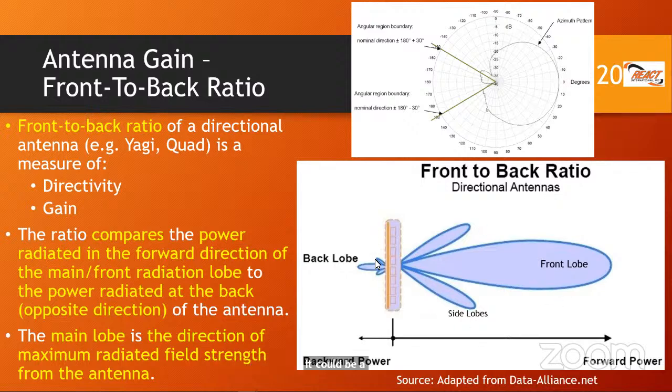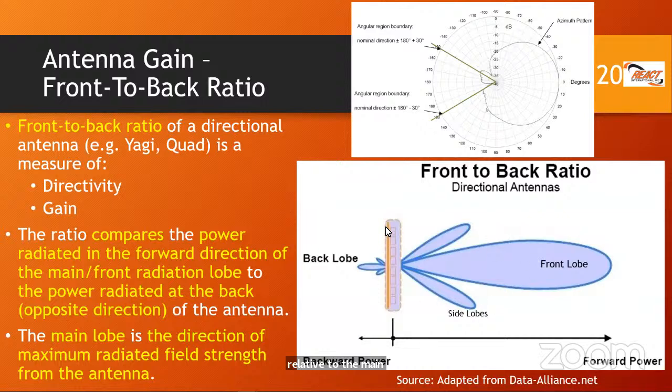And if this is the antenna and it's a directional antenna, this main lobe here, or frontal lobe, will be emanating a strong signal, whereas towards the back or the rear of the antenna, it will still radiate some, but it'll be a relatively small amount of signal relative to the main lobe or the front lobe.